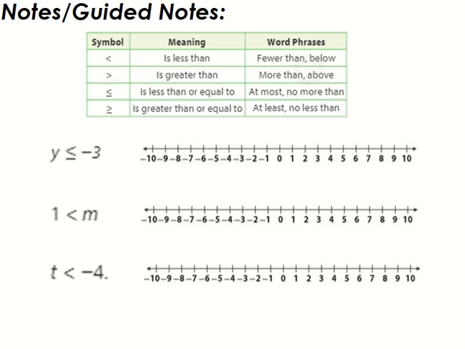So this symbol stands for less than. It always will be read as less than. It can be said as fewer than or below. So greater than, this is always a greater than symbol. Again, more than or above. This is a less than or equal to symbol. It is at most, that's the highest you can go, no more than, right?